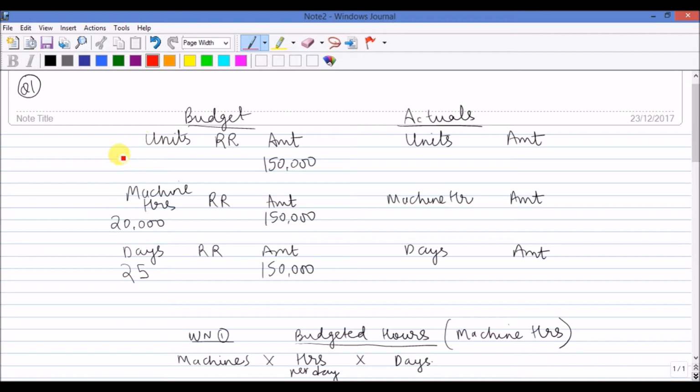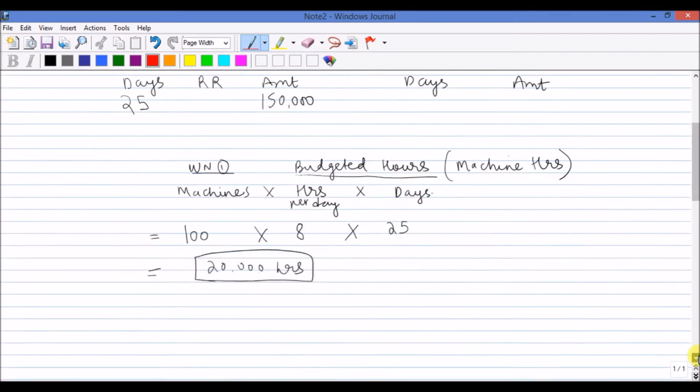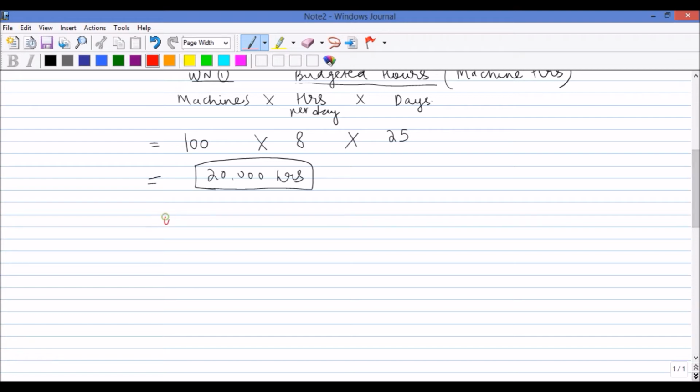Now friends, the crucial part is units are missing. We need to find the budgeted units. So I'll go further in working note 2, and in this I'm going to try to find the budgeted units. So how will I find it?